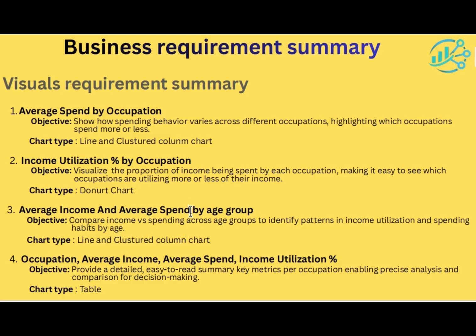We are trying to identify the pattern in income utilization and spending based on age group and so forth. These visual requirements will help us to dig deeper in terms of understanding how different items are performing in this particular bank.